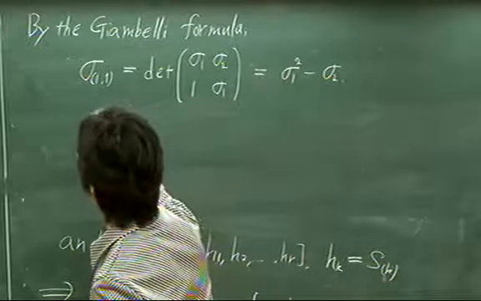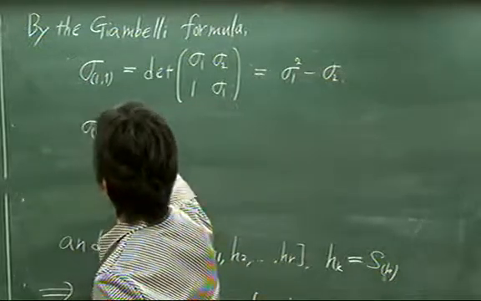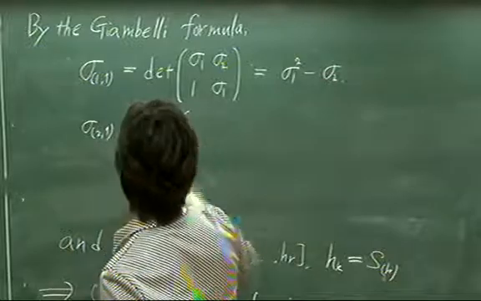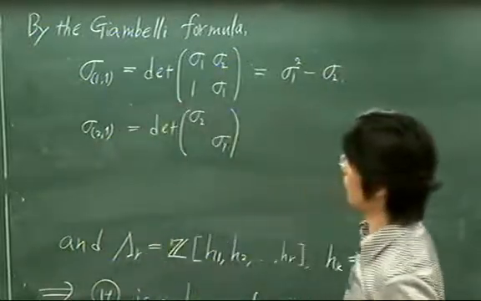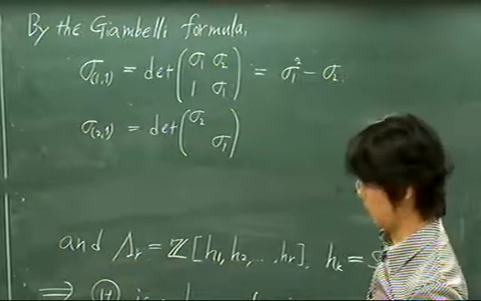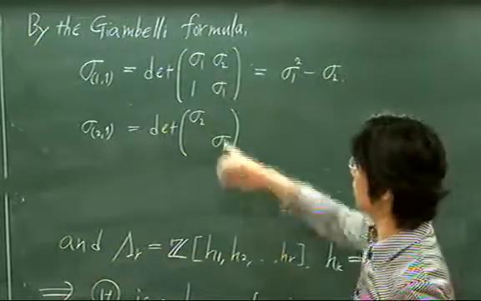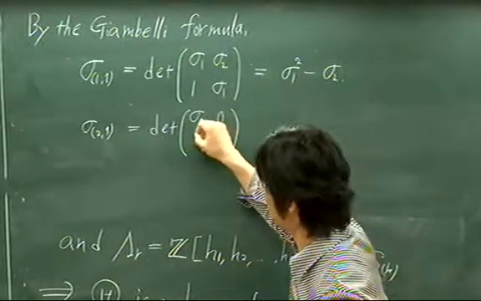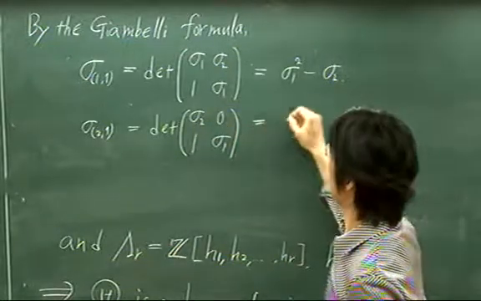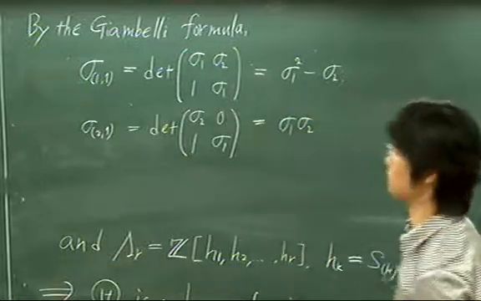And also sigma 2,1 is the determinant with sigma 2, sigma 1, and sigma 3 is 0, and the other entry is 1. Therefore, it is sigma 1 sigma 2.